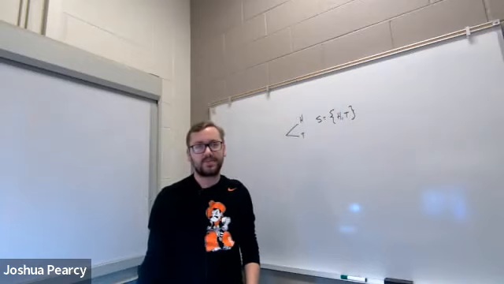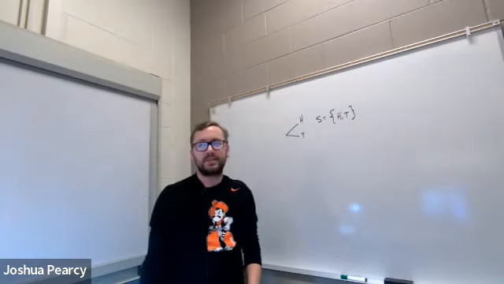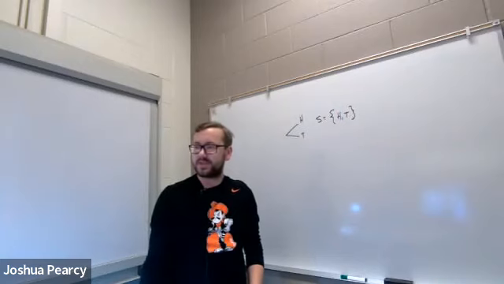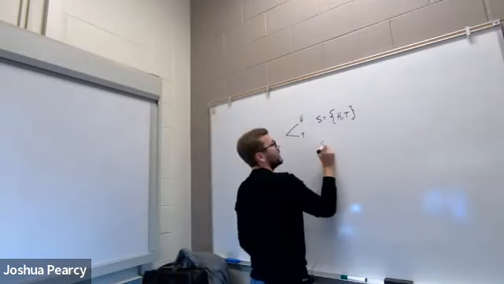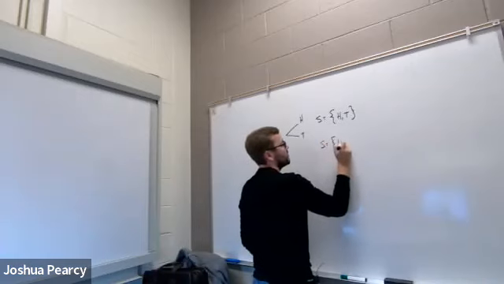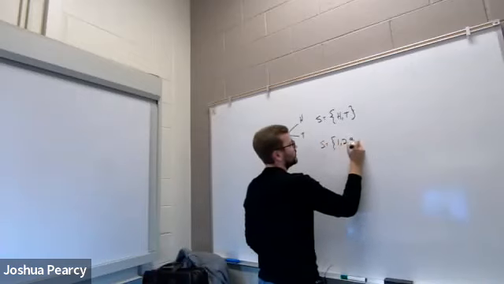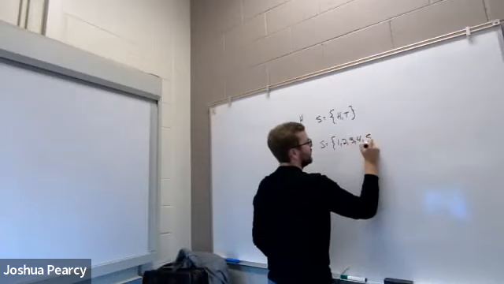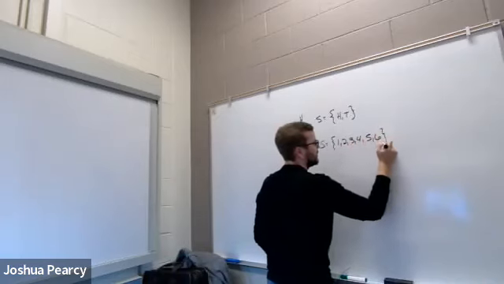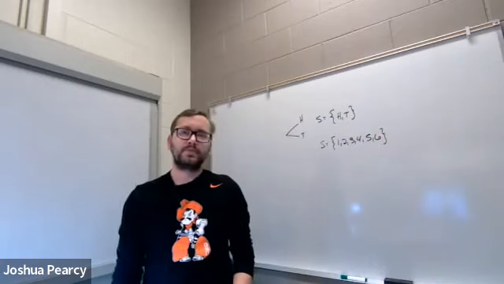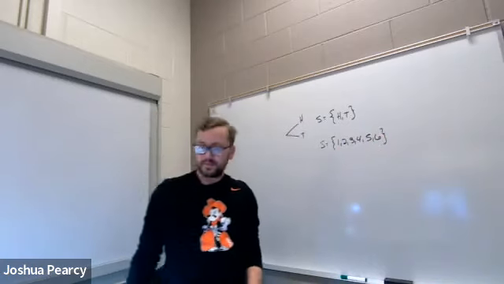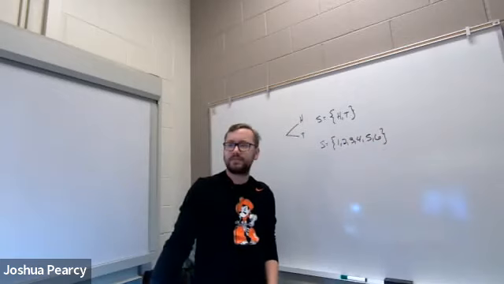What are the possible outcomes? 1 through 6. It could land on 1, 2, 3, 4, 5, or 6. So for the second one, S is just the set of numbers 1, 2, 3, 4, 5, and 6. Is everyone okay with that?